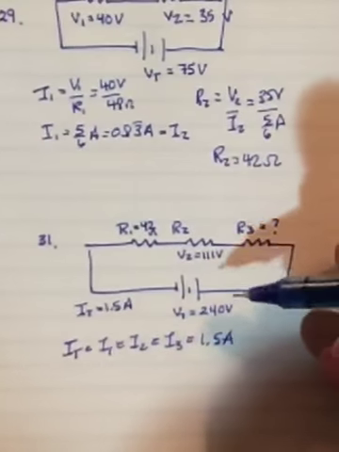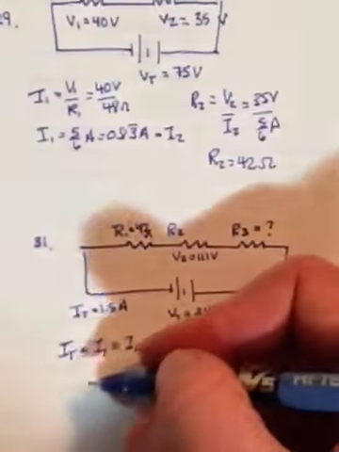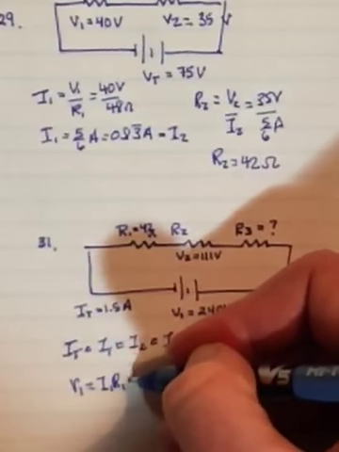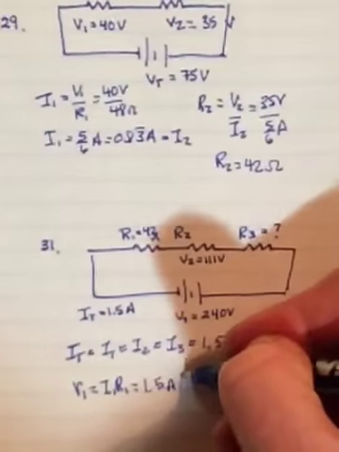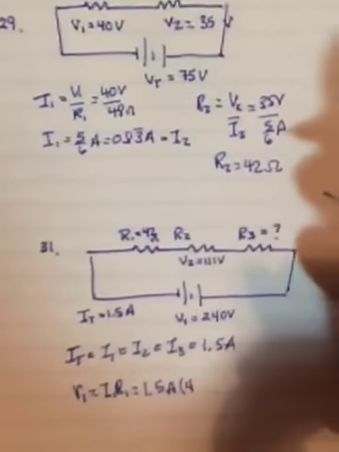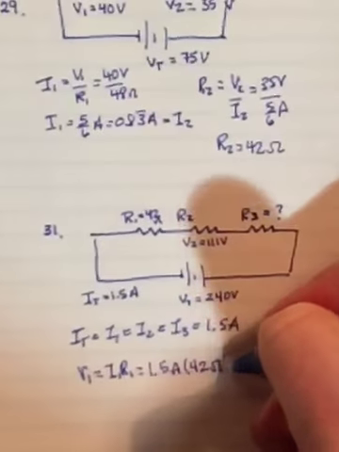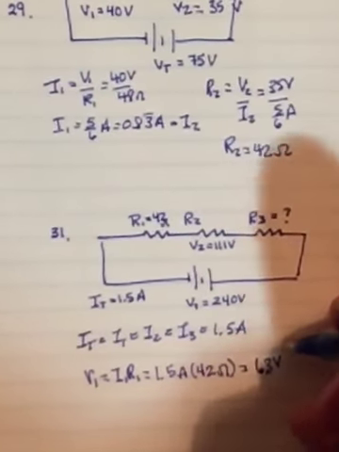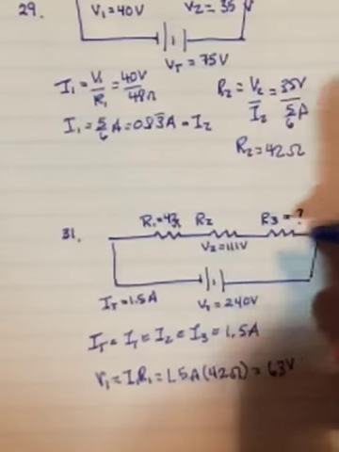So from 1.5 amps, we can find our V1. So V1 is equal to I1 R1. So I1 was 1.5 amps. R1 was 42 ohms. So this should be equal to 63 volts, I believe. Okay, so we have V1, we have V2.